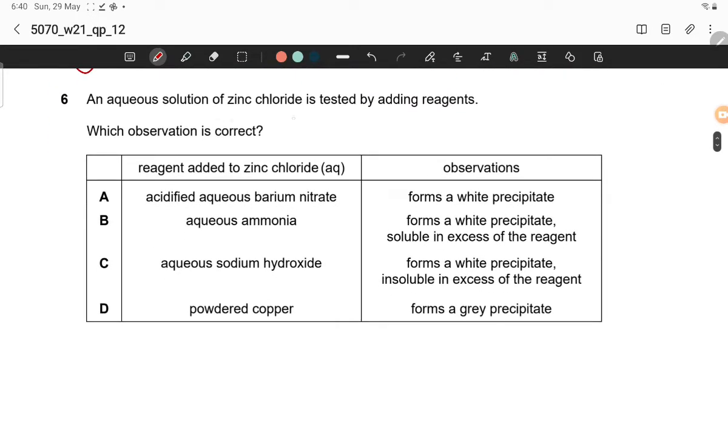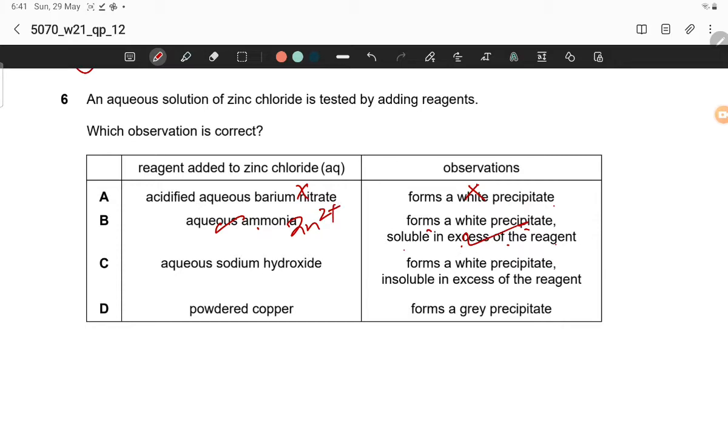An aqueous solution of zinc chloride is tested by adding reagents. Which observation is correct? Added aqueous barium nitrate forms a white precipitate. Aqueous ammonia forms a white precipitate, incorrect. Aqueous ammonia forms a white precipitate soluble in excess of the reagent, this is for zinc.